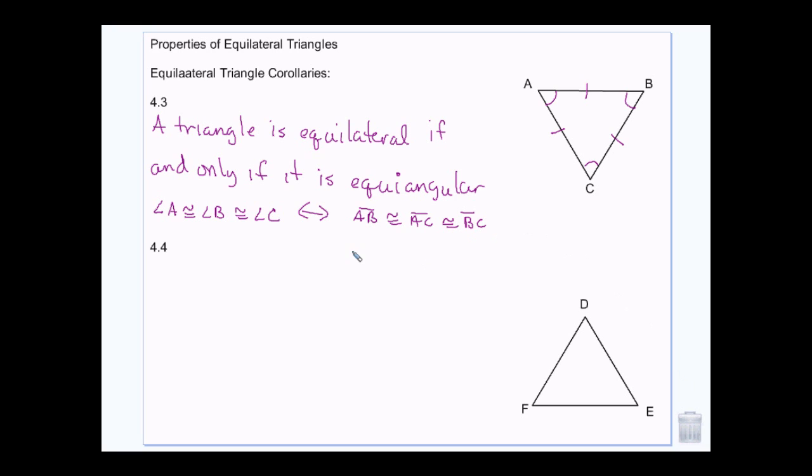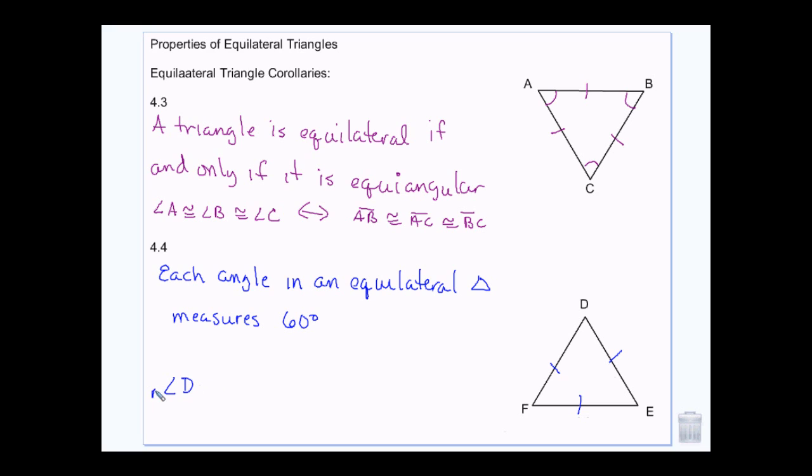And then the final little corollary here is that each angle, so if this is equilateral, angle D is equal to angle F is equal to angle E, and they all equal 60 degrees.